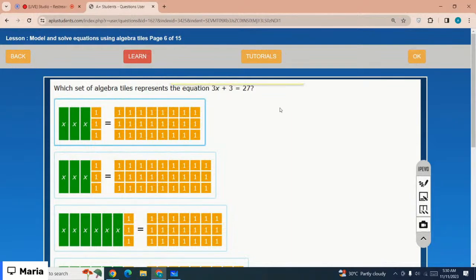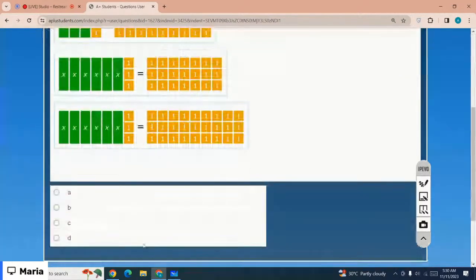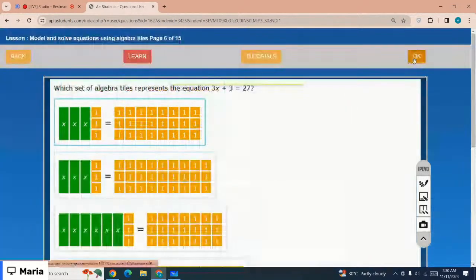Correct option is option C. Which set of algebra tiles represents 3x plus 3 equals 27?